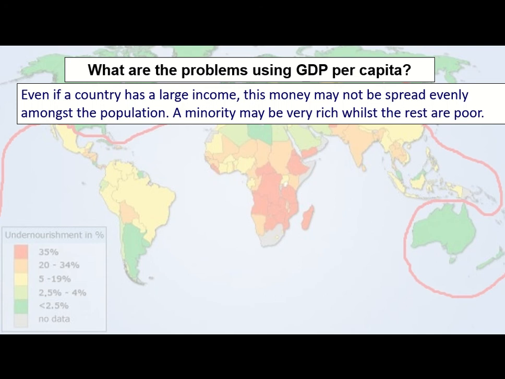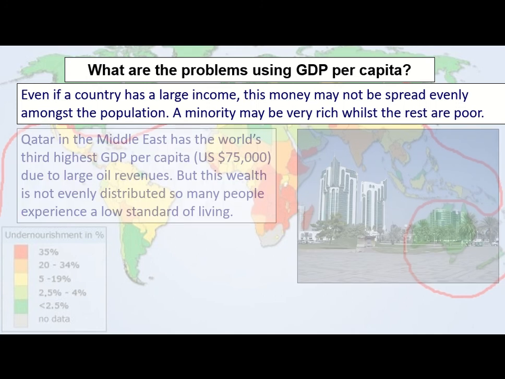So there are people that are really super, super wealthy, and there are still people that aren't very wealthy at all. So a large income per country or GDP per person doesn't necessarily mean that it's a developed country, because you could have a few super rich and then a big number of not very wealthy at all.